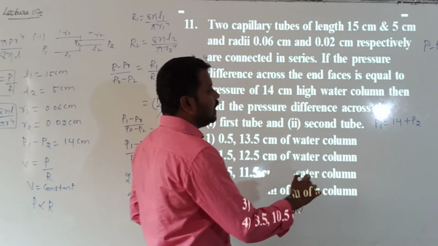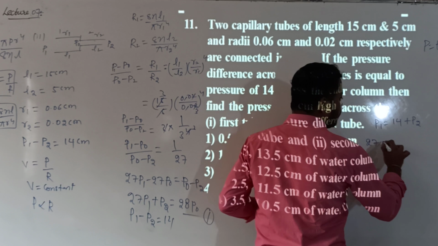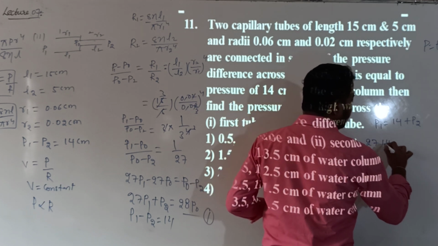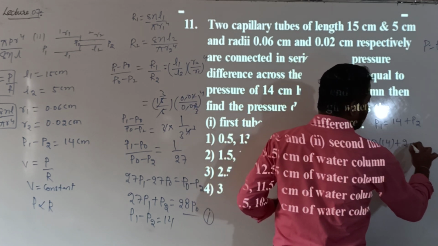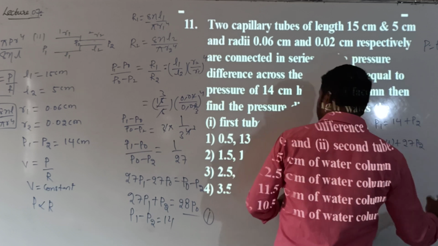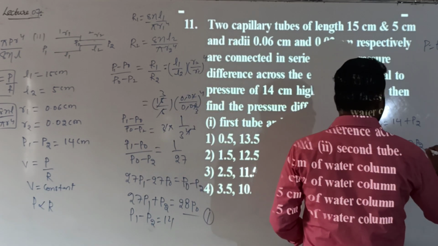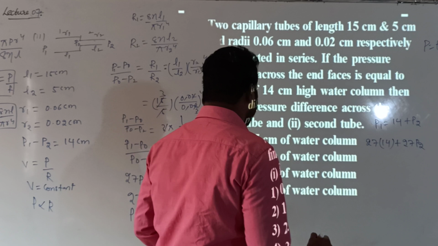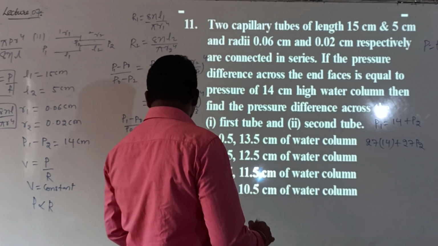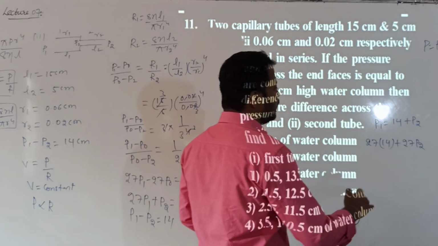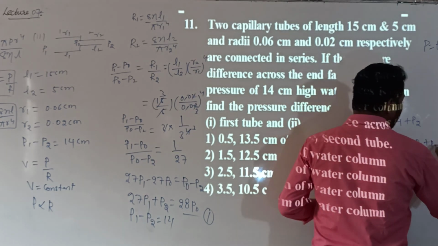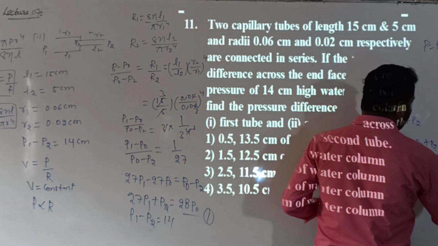So tell me what I will get. 27 into (14 plus P2) will be equal to, 27 into P2 plus P2, will be equal to 28 into P0.